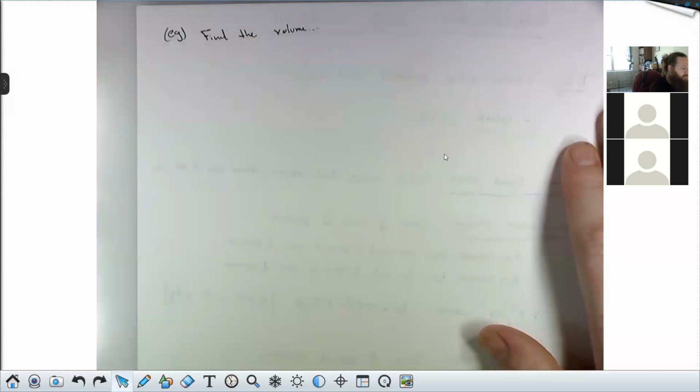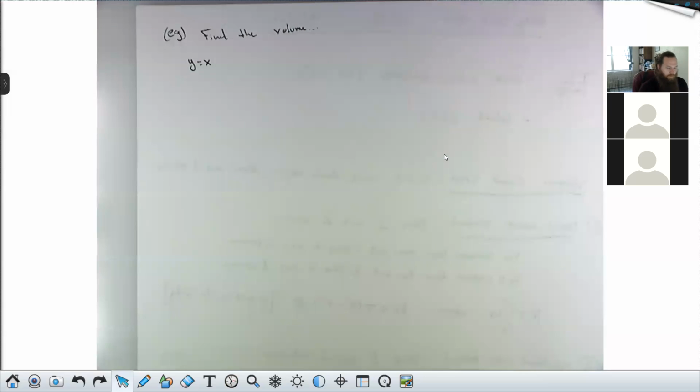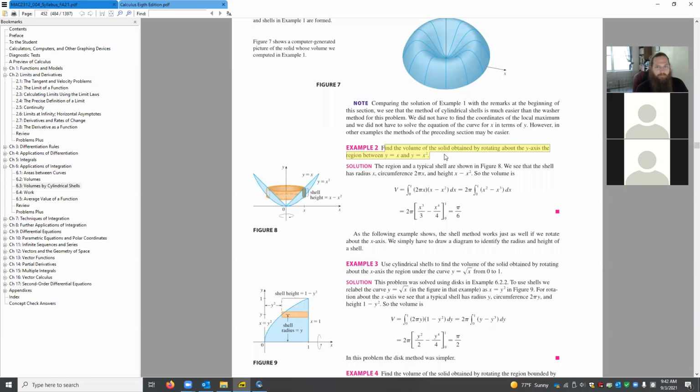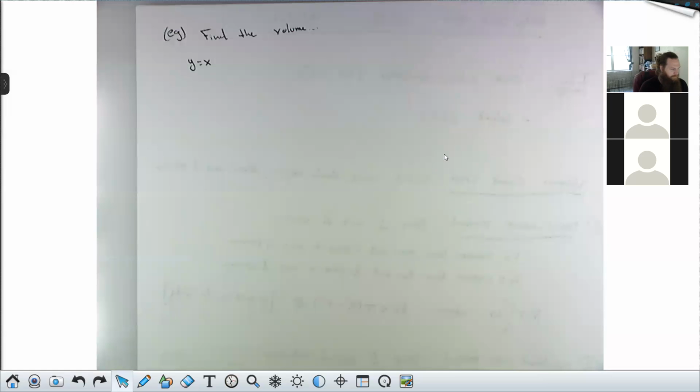Again, I'm not going to write all the words. So y equals x. Actually, you know what? Let me change this a little bit. Y equals x squared, x equals... Oh no, that might not work. All right, we'll work this one as it is, and then we'll do another one.